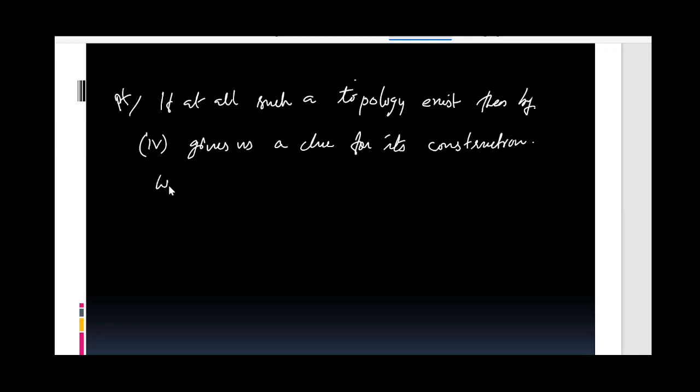We let this topology T be equal to the set of all U subset of X such that this U belongs to eta x, or N_x, for all x belongs to U.